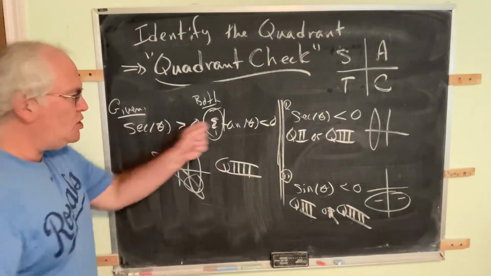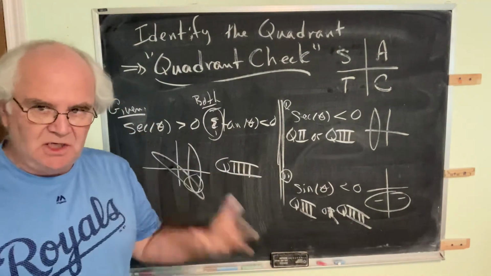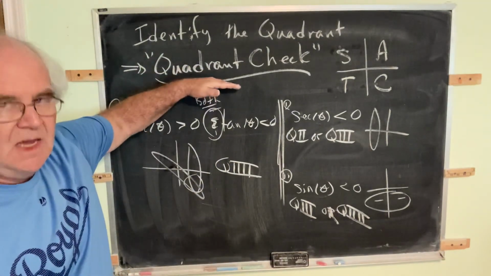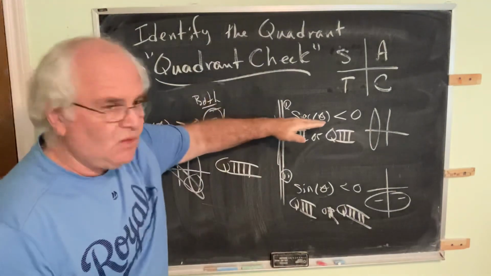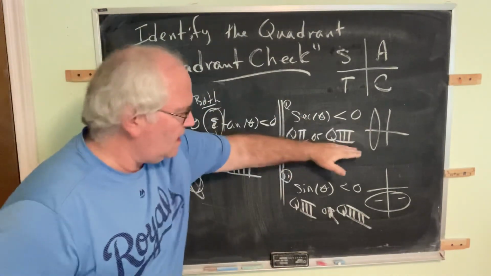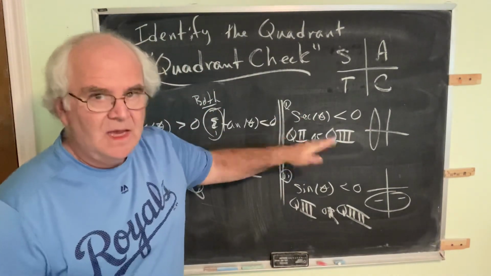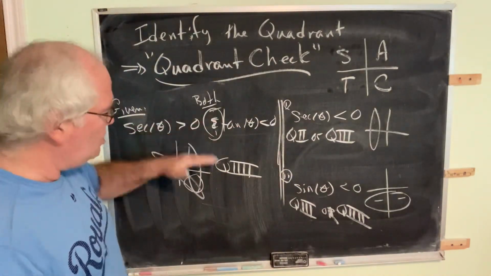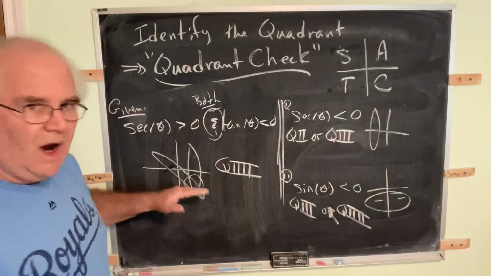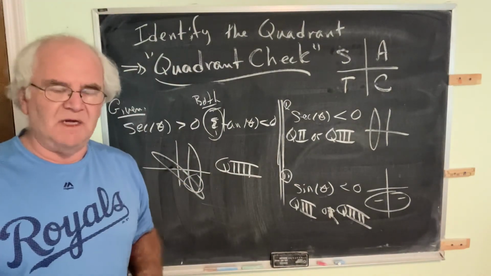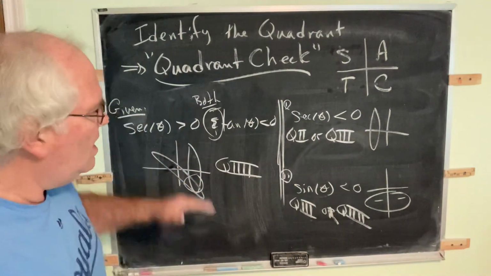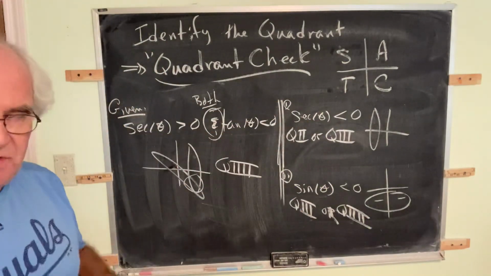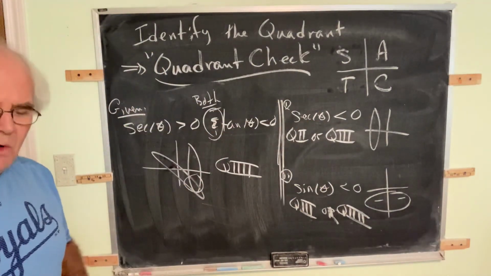So given 2 of these, we can always deduce the quadrant, and we have done the quadrant check. Sometimes all you're given is 1, and your quadrant check leaves you with 2 options. Sometimes you are given 2 of these pieces of information, and you can deduce the single quadrant that theta must fall in. Given any 2 of these, you should be able to deduce what quadrant we're falling in.